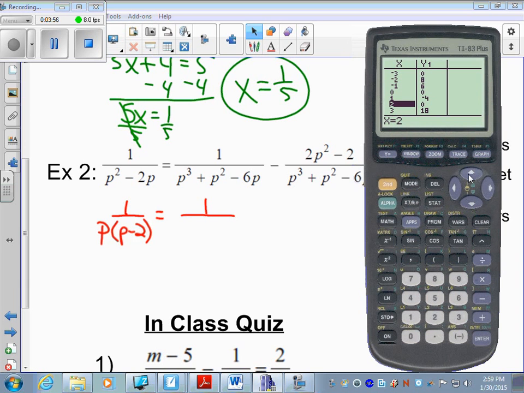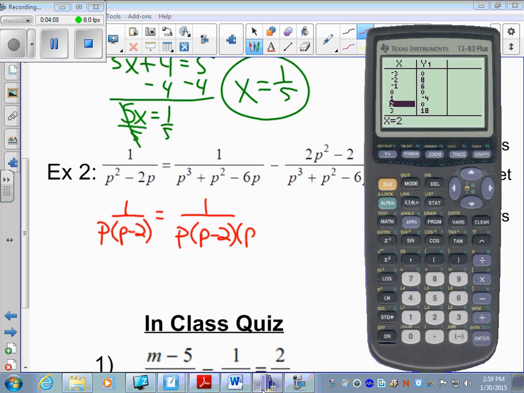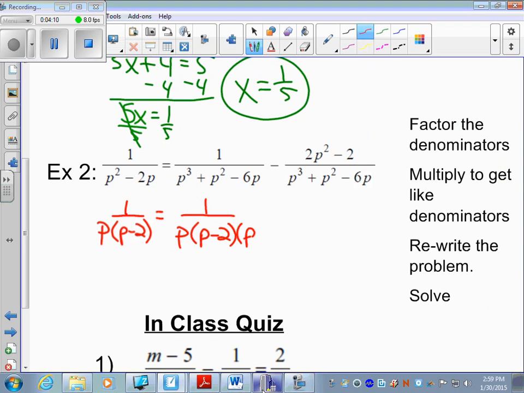So we write this as p, sorry, p times p minus 2 times p plus 3. And in our second fraction, we have 2p squared minus 2. We have the exact same denominator, so p times p minus 2 times p plus 3.